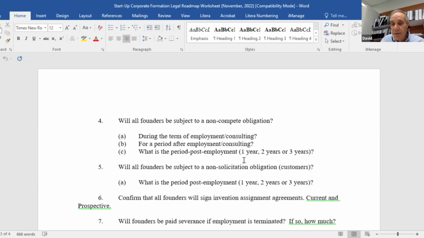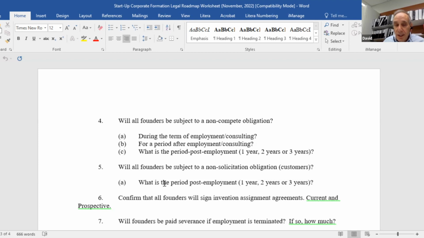I mean, it's not funny to have a co-founder quit and then start competing with the company. And it's sure as hell difficult to get money into it if that's the case. So let's talk up front about what non-compete obligations people want to take on, 1, 2, 3 years. What's the scope of that non-compete? What's the breadth? So you folks should talk about that and what you're willing to do.